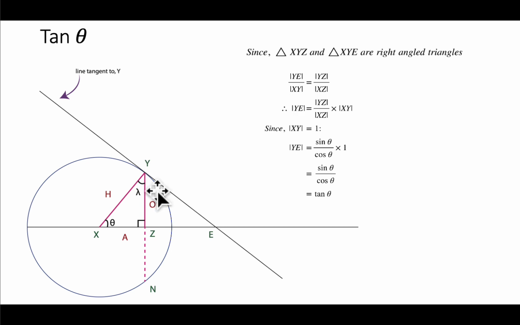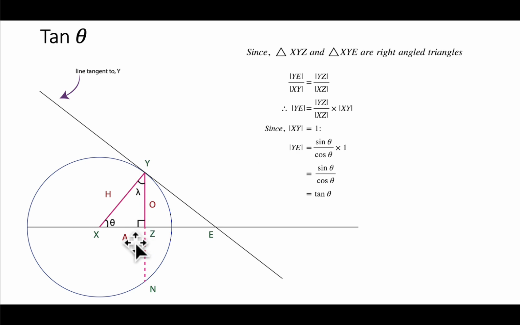Since they are both right angle triangles, YE, the opposite, divided by XY is equal to YZ divided by XZ. So that means YE would be equal to YZ divided by XZ multiplied by XY.